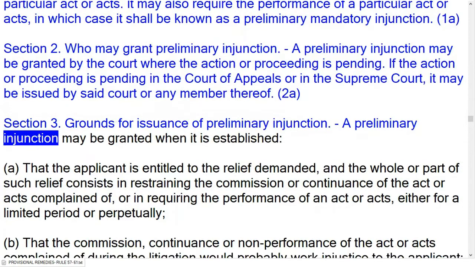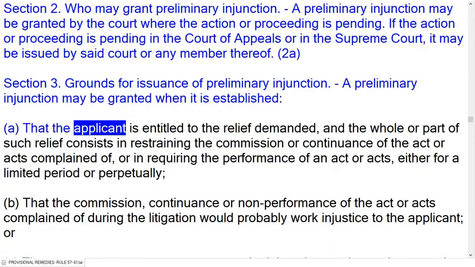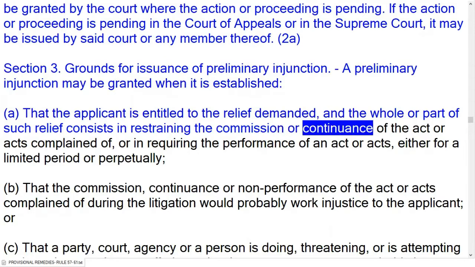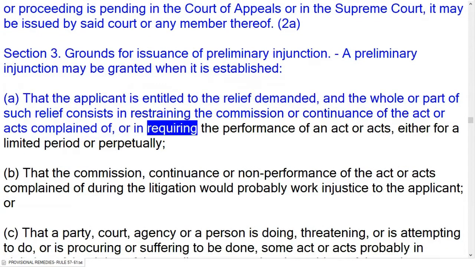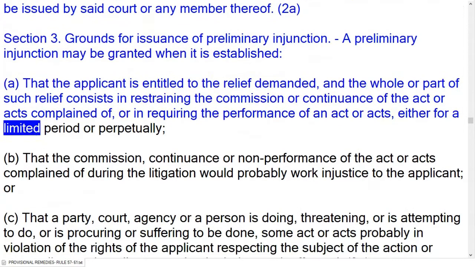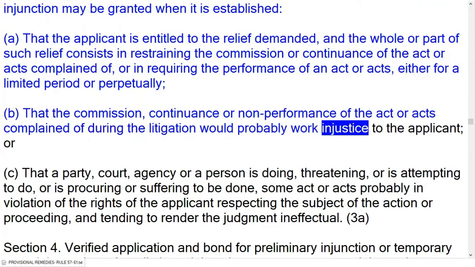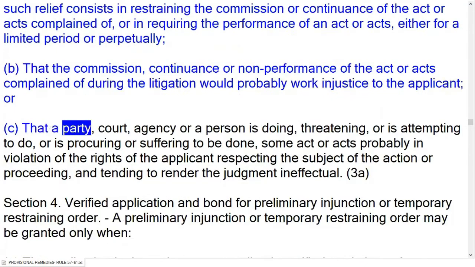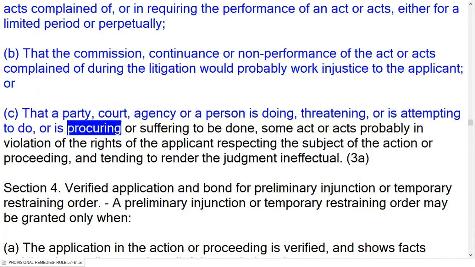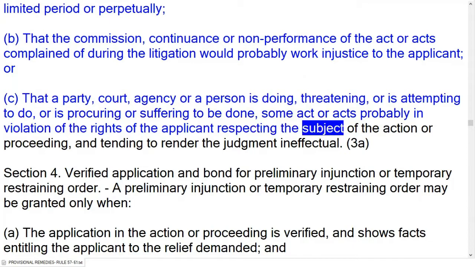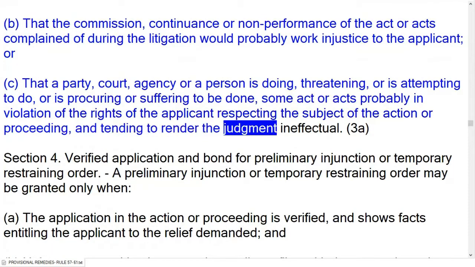A preliminary injunction may be granted when it is established: A. That the applicant is entitled to the relief demanded, and the whole or part of such relief consists in restraining the commission or continuance of the act or acts complained of, or in requiring the performance of an act or acts, either for a limited period or perpetually; B. That the commission, continuance, or non-performance of the act or acts complained of during the litigation would probably work injustice to the applicant; or C. That a party, court, agency, or a person is doing, threatening, or is attempting to do, or is procuring or suffering to be done some act or acts probably in violation of the rights of the applicant respecting the subject of the action or proceeding, intending to render the judgment ineffectual.